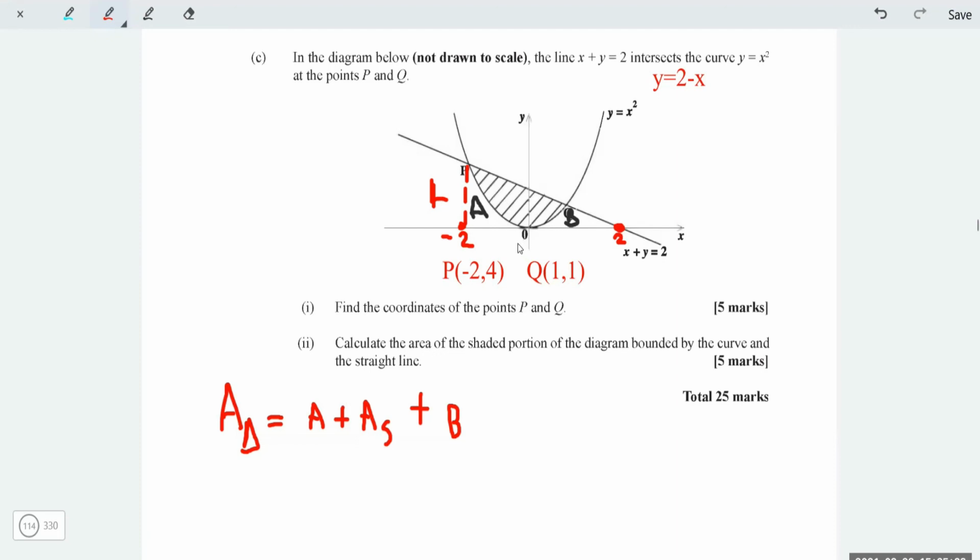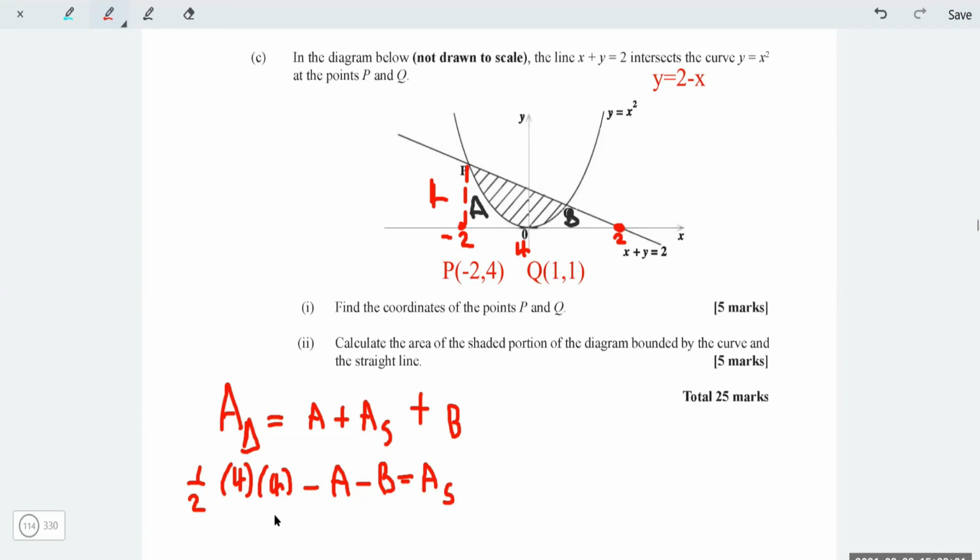Clearly this is not drawn to scale. So the area of the big triangle is a half times the base times the height, so half of 4 times 4. If I subtract A and I subtract B, that would give me the area shaded. So a half of 4 is 2.